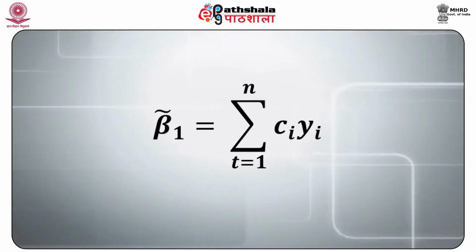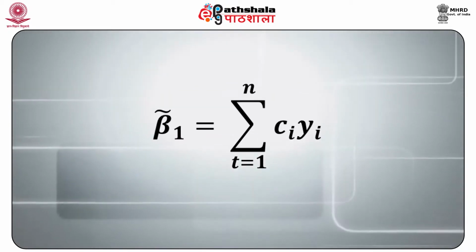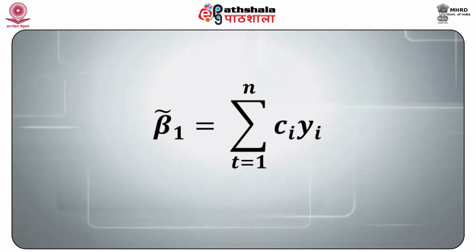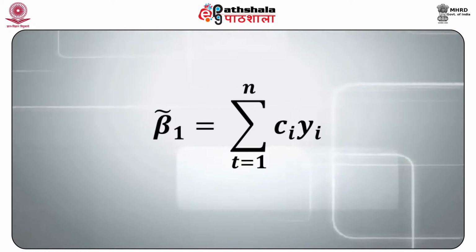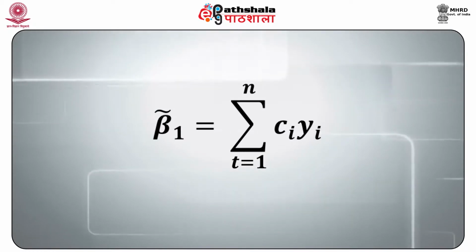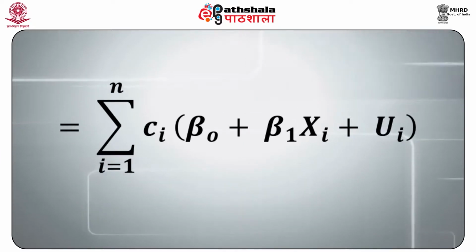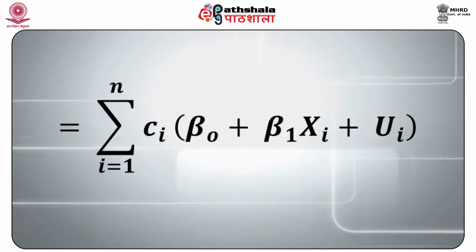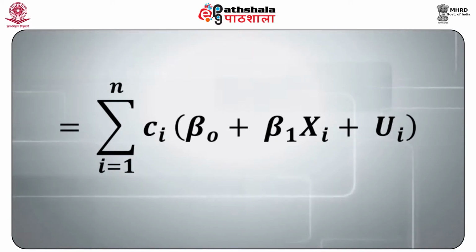So let beta 1 tilde be an arbitrary estimator which is linear in Y. So let us define beta 1 tilde equal to sigma Ci Yi, where i is from 1 to n. Now let us substitute the population regression function in Yi as we did earlier, and what we obtain is that beta 1 tilde is equal to sigma Ci into beta 0 plus beta 1 xi plus mu i.